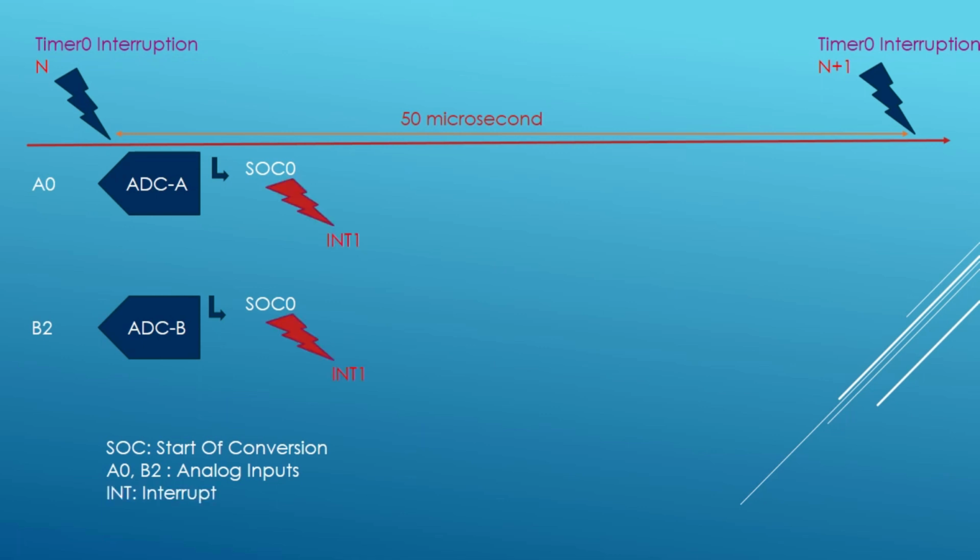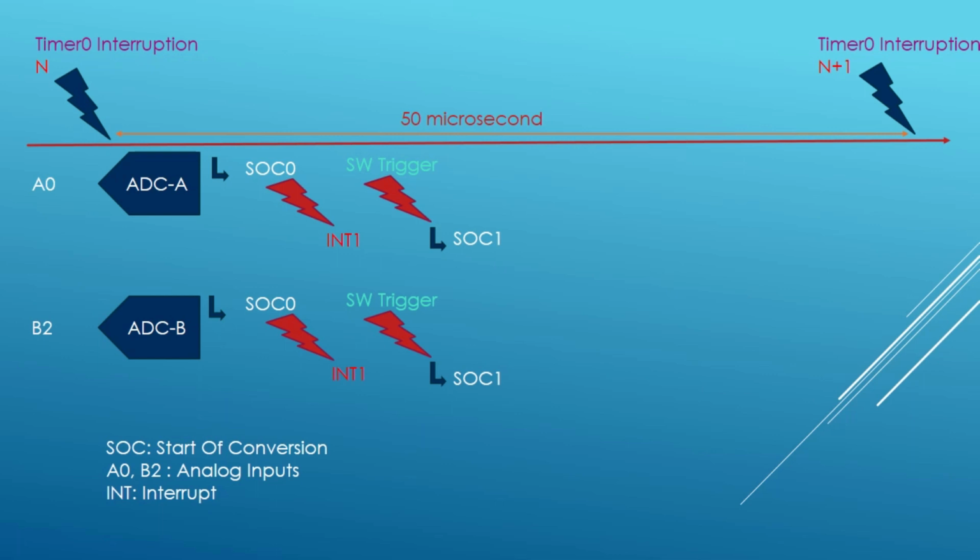The timer zero interrupt will trigger ADCA and ADCB to convert SOC 0A and SOC 0B. The end of conversion of ADCA SOC 0 and ADCB SOC 0 will trigger interrupt INT1 for ADCA and ADCB. These two interrupts are totally independent.